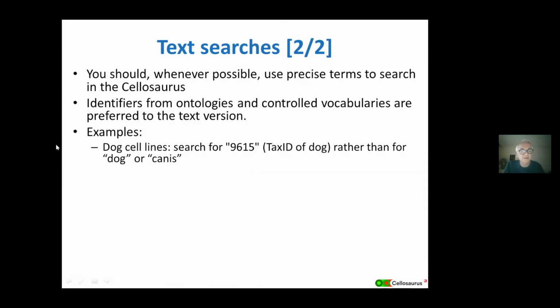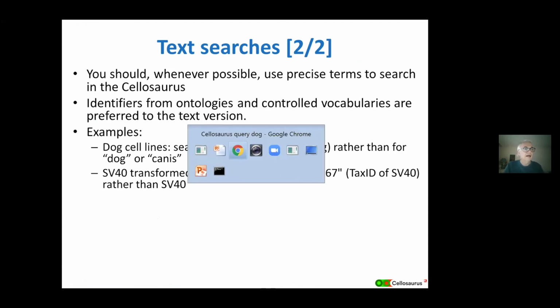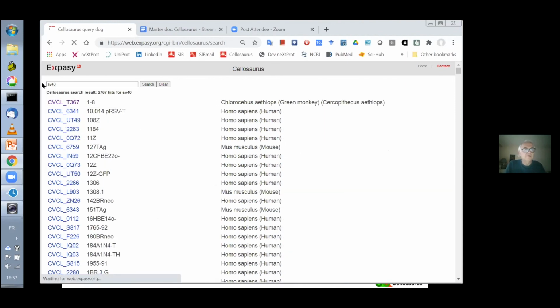Okay, that's obvious. Another, maybe not so obvious example: you want to look for SV40 transformed cell lines. If I search SV40, I will have a number of cell lines, 2,767.